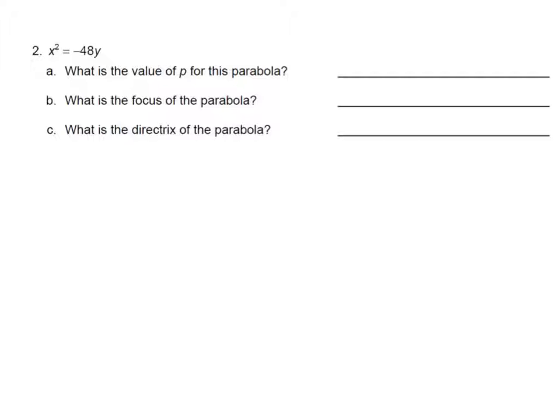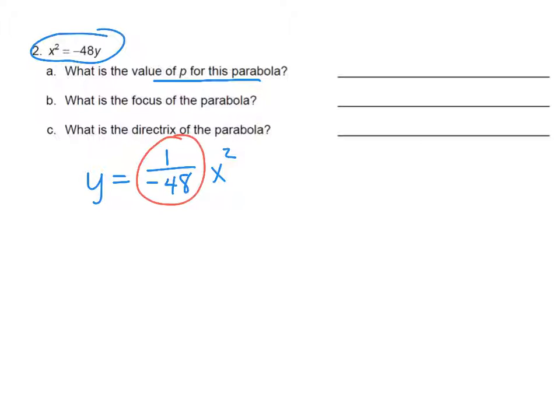Going on to question 2, we're given another equation of a parabola. Again, I'm going to rewrite that as y equals 1/(-48) x squared. It says, what is the value of p for this parabola? Well, again, we're going to set that coefficient, negative 1/48, equal to 1/(4p).